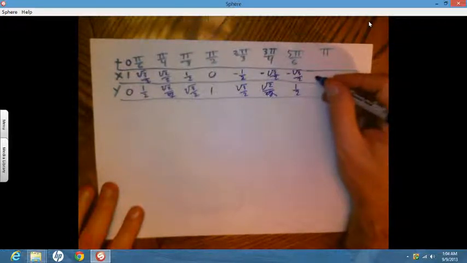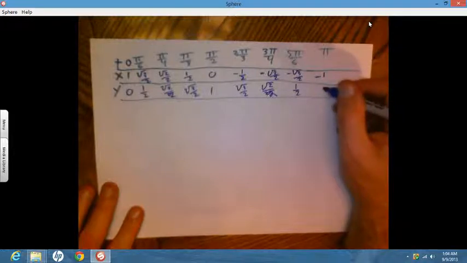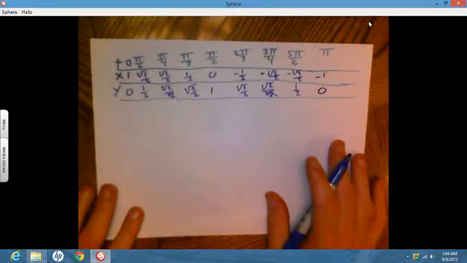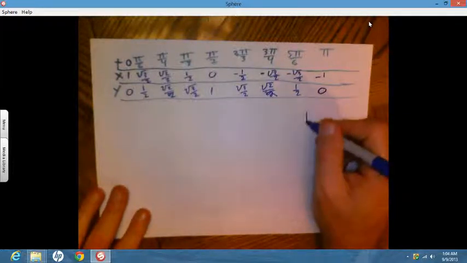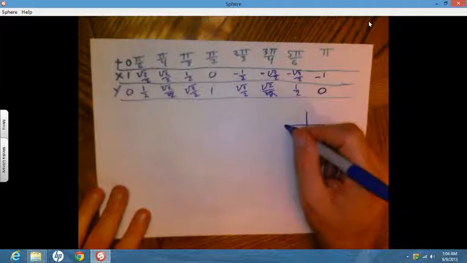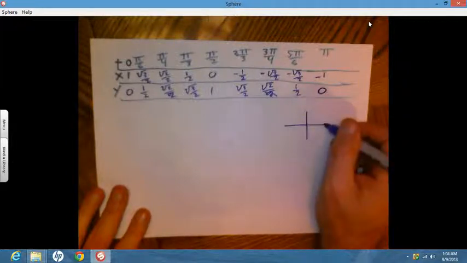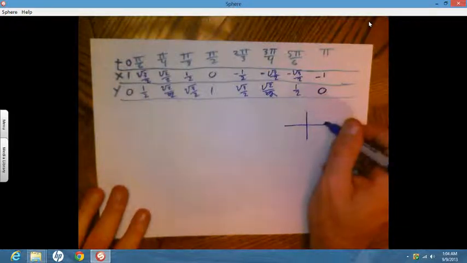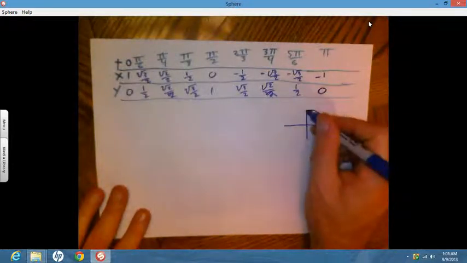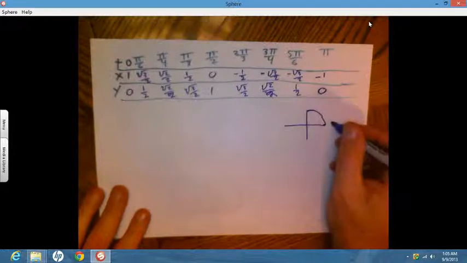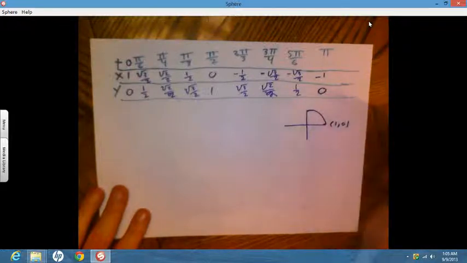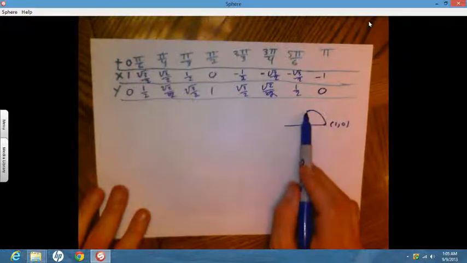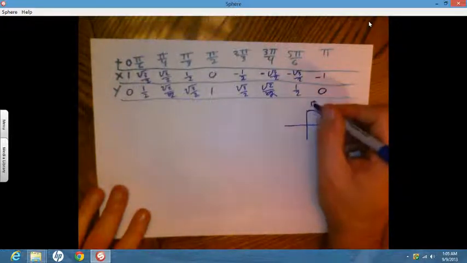So essentially, what we've done here is we've started out on the unit circle at 0 degrees over here, and we looked at the x and y coordinates going up to pi over 2. Again, notice that at the start the x-coordinate is 1 and the y-coordinate is 0. We move around these points till we get to pi over 2 radians, and notice that the y-coordinate here is 1 and the x-coordinate here is 0.